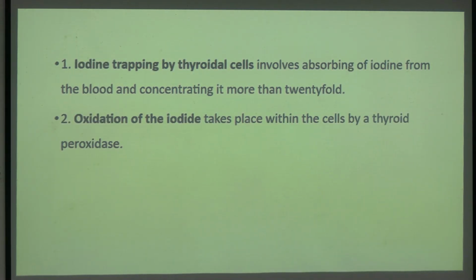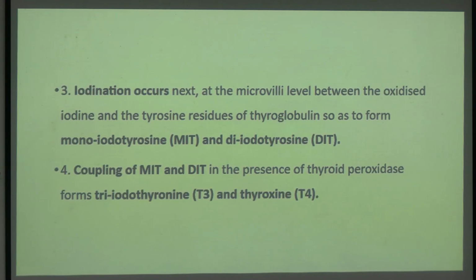Number 1 is iodine trapping by thyroidal cells. Number 2 is oxidation of the iodide. Number 3 is iodination. And number 4 is coupling of MIT and DIT in the presence of thyroid peroxidase, which forms T3 and T4.